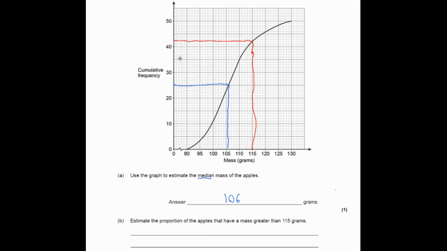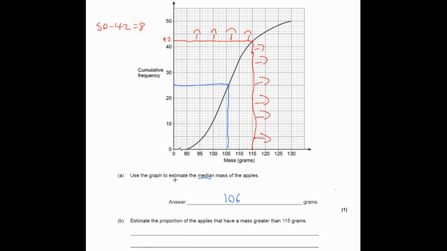That does not mean that we have roughly 42 apples greater than 115. We're looking at what's this way, right? Greater than. So if we follow it round, we're looking at everything above. So that means between 42 and 50. So 50 take away 42 gives you 8.